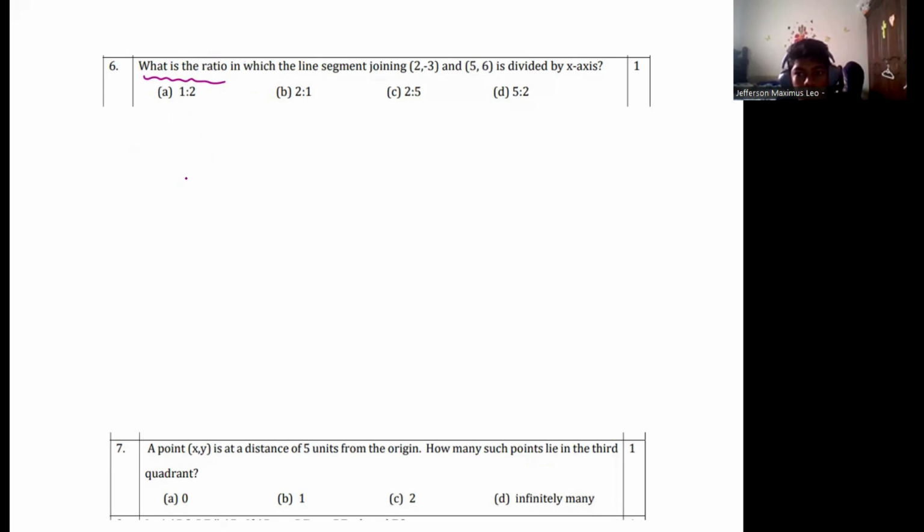m1 by m2 is equal to x2 minus x by x minus x1. Here the section formula will apply. Do you know the section formula in coordinate geometry? Yes, ma'am.